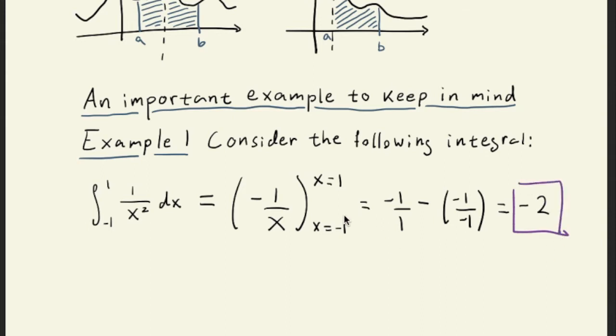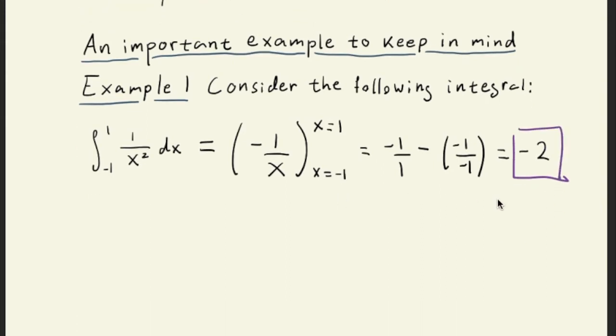All right, so this is not right at all. Why is that? Something went really wrong. Well, pay attention to the graph. Try to think of the graph of this function, 1 over x squared, from -1 to 1.